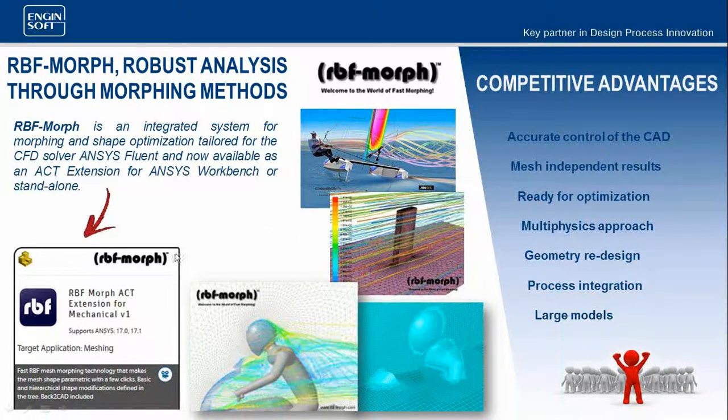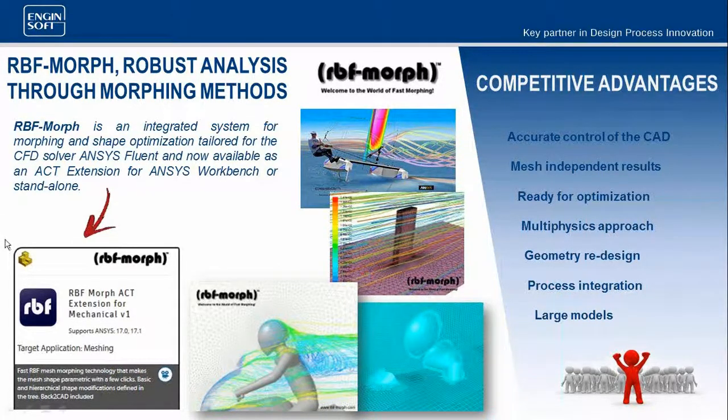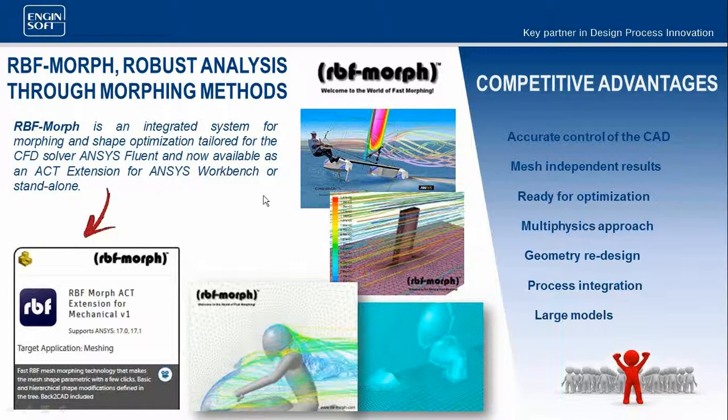This is a very, very advanced tool, and it's possible to find it in the ANSYS landing page and in the ANSYS ACT portal, the official portal provided by ANSYS.